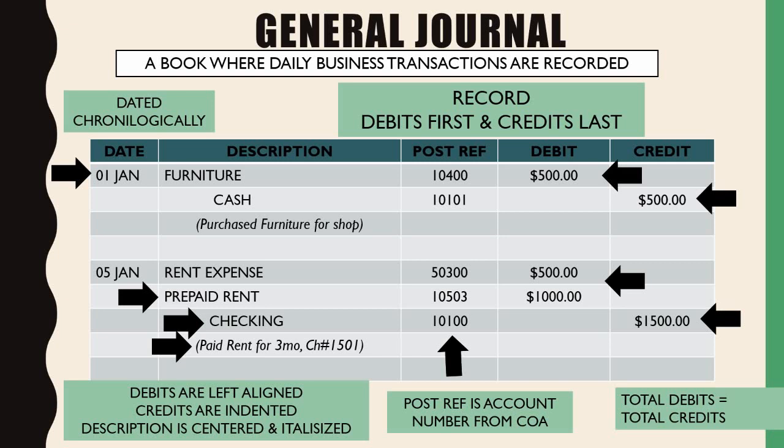Okay, so by understanding that core idea, let's start with, first off, what is a general journal? It's going to be a book or a record for you to record all the business transactions. Now there's going to be multiple books, of course, because every position is responsible for a particular aspect of the business, right?